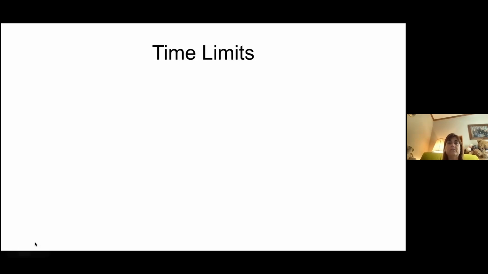What are my time limits? How many different activities do I want them to get done in this class period? If there are 5 steps or 5 stages to the assignment, then I break it down into what's going to happen. Maybe the first step is I want them to create a Flipgrid.